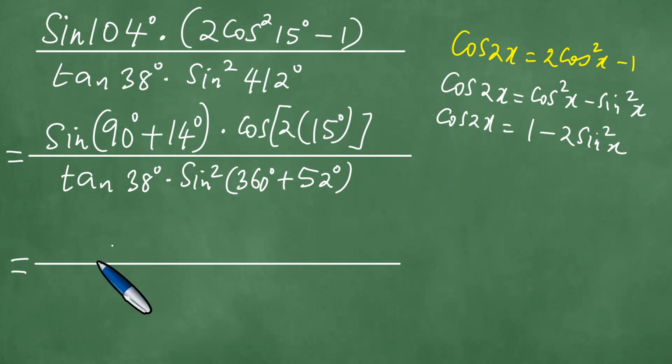So the top, for example: in which quadrant is 90 plus? It's in the second quadrant in which the sign is positive, but at 90 degrees there is a cofunction change. So this is going to become cosine of 14 degrees. Cosine of 30 degrees.